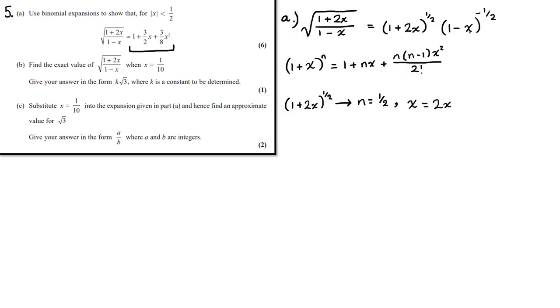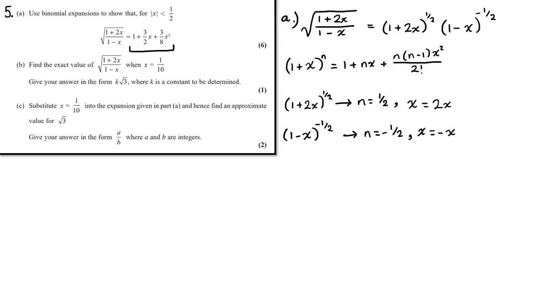And let's just do the same for 1 minus x to the power of minus a half. You don't have to do what I'm doing here. I'm just doing it to make clear what I'm going to be doing in a moment and lay everything out nicely. So again, n here is the power, so that's minus a half. And x in this case is minus x. It's always this part here, so x is equal to minus x.